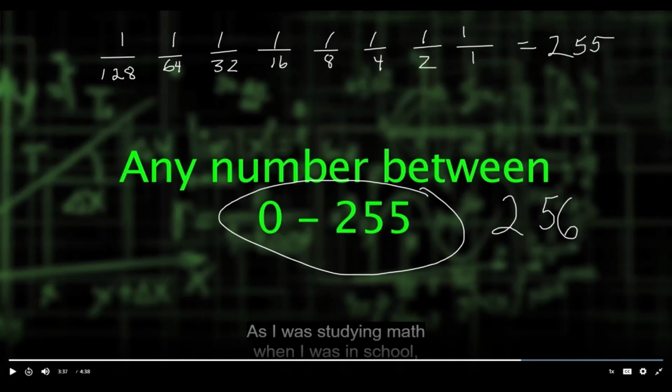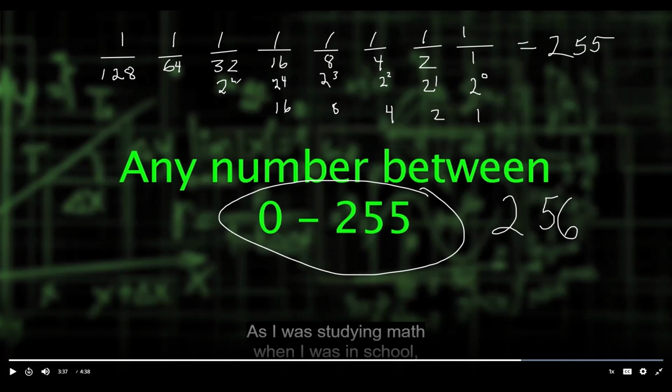Right, it's actually powers of 2. So let's take a look at that for a second. This is 2 to the 0 power, which is 1. This is 2 to the first power, which is 2. This is 2 squared, which is 2 times 2 is 4. This is 2 cubed, 2 times 2 times 2 is 8. This is 2 to the fourth power, 2 times 2 times 2 times 2 is 16.